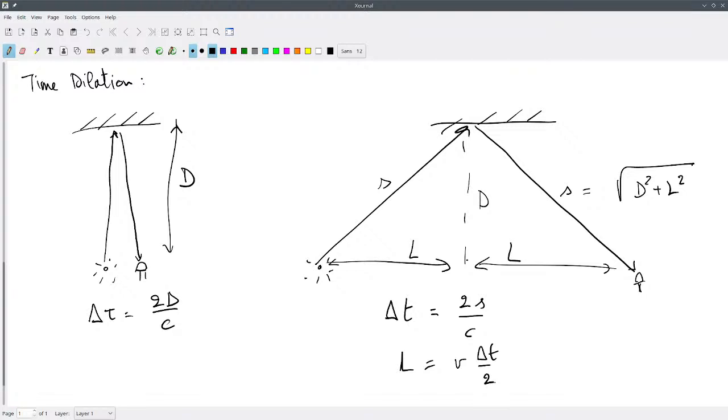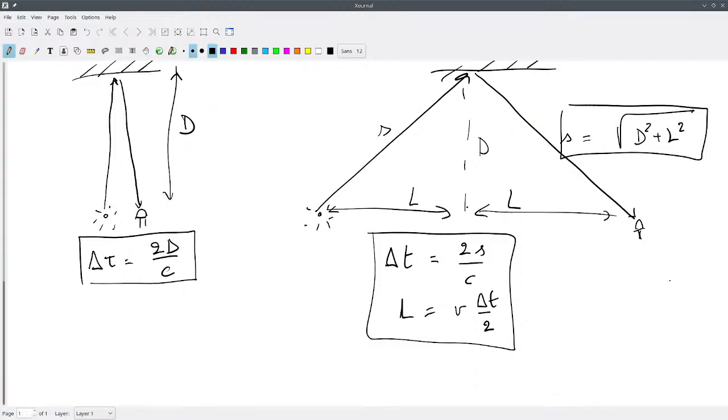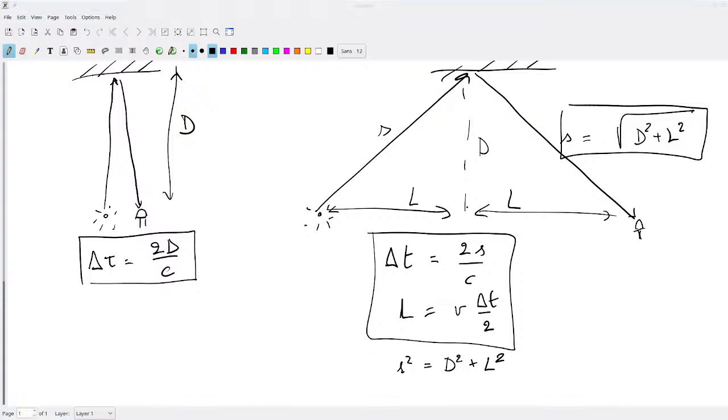So both of these things are true. Delta tau is going to be this, or delta t is going to be that, and L is going to be that, and s squared is d squared plus L squared. So the only thing we've used here is Einstein's postulates of special relativity.